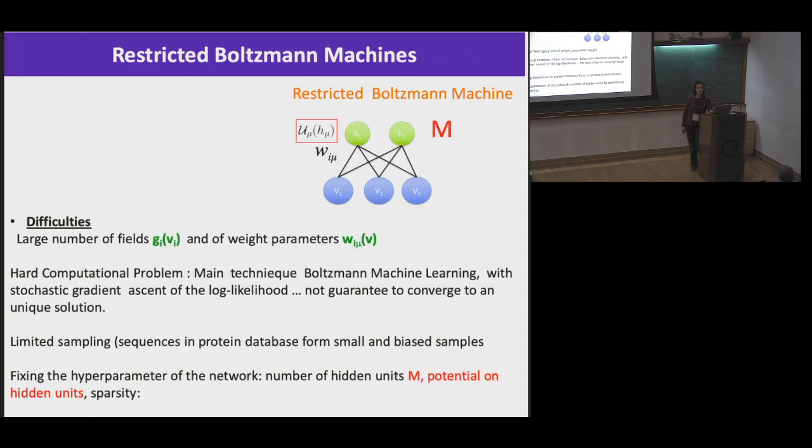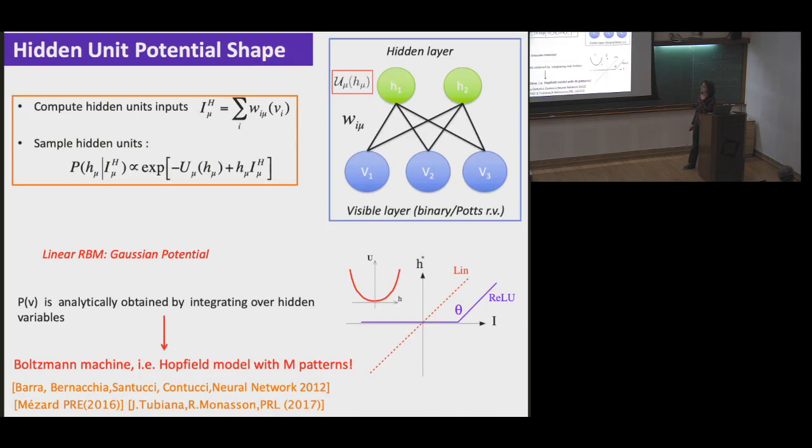So let's dig a little bit into the hidden unit potential shape. The simplest hidden unit potential shape is the Gaussian potential. In this case, this potential is quadratic, and the most probable value of the hidden unit given the input is a linear function.